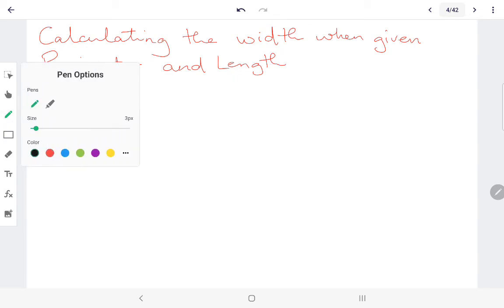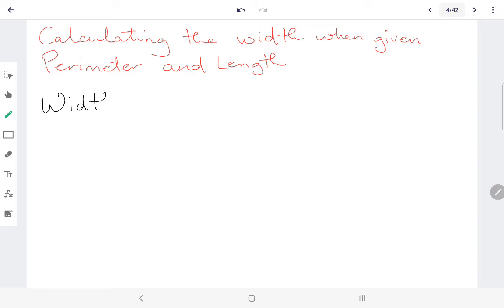So the formula that we'll use to calculate the width is equal to half perimeter take away the length this time because we know the length.